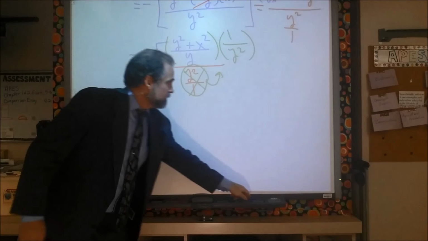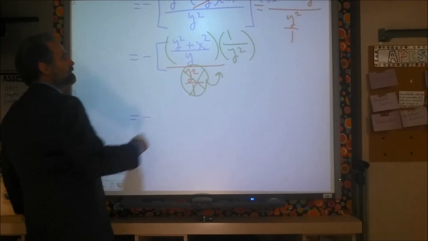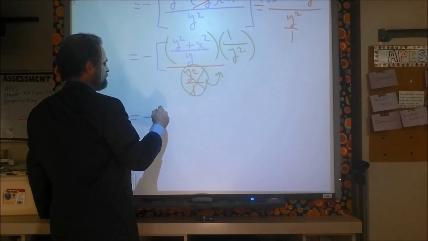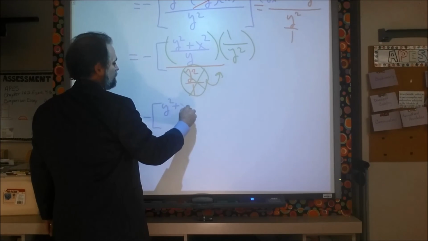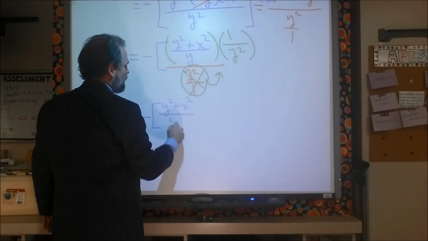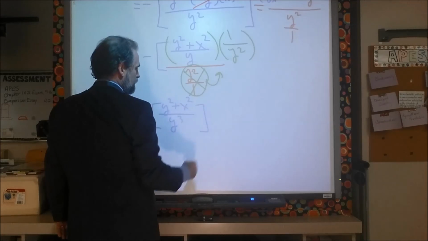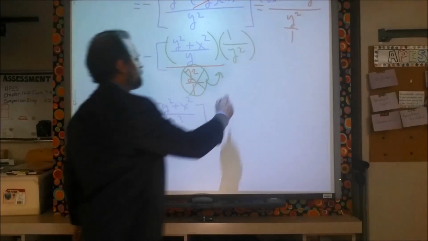And I can continue, and I will, equals the opposite of 1 times that is that, and y times y squared is y cubed, right? So what I have is this, and I'm going to use my little 3 dots.